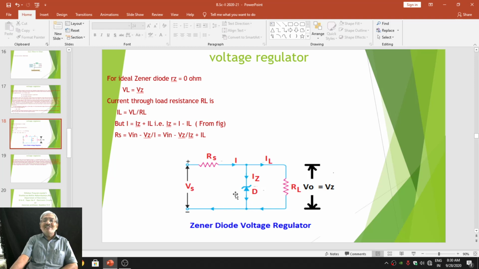If Vs is less than Vz, the Zener diode doesn't conduct because it has a very sharp and distinct breakdown voltage. It will conduct only for that particular input voltage. As long as the input voltage applied is less than Vz, it doesn't conduct current, and that's why the entire input voltage is made available across the load resistance. So therefore, Vs must be greater than Vz.